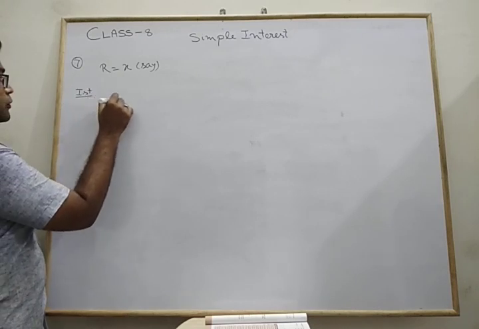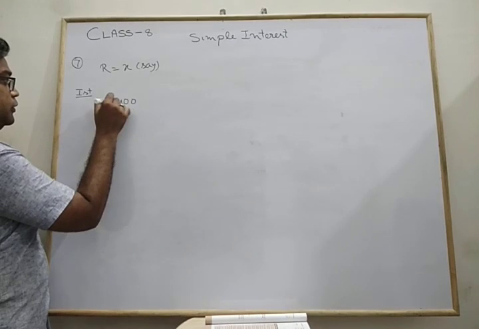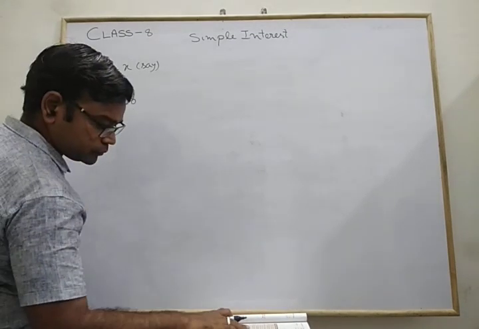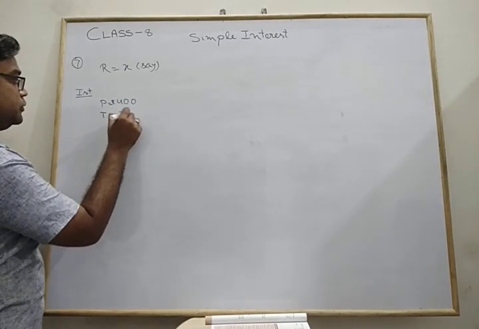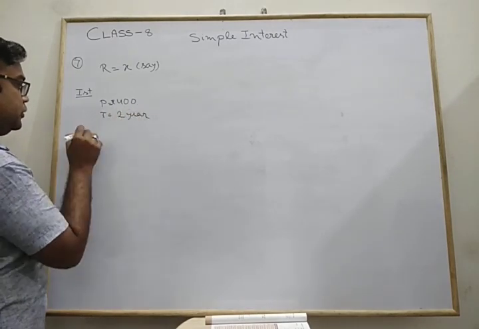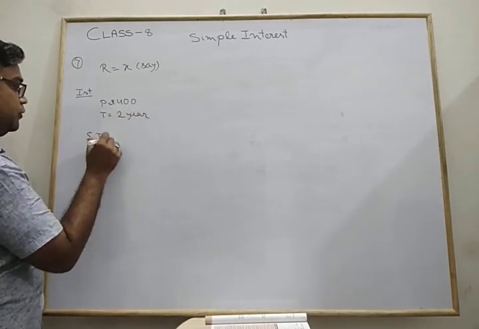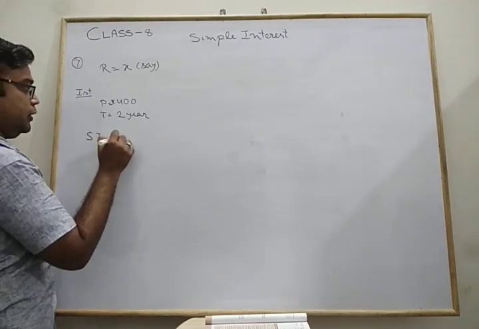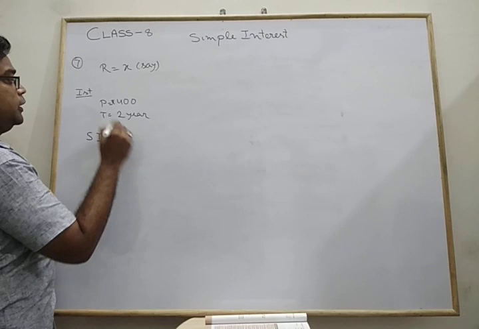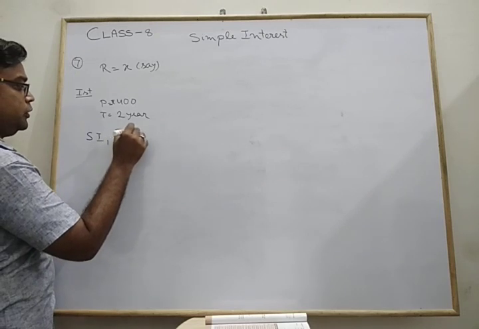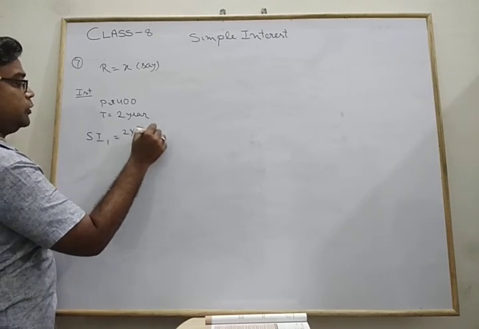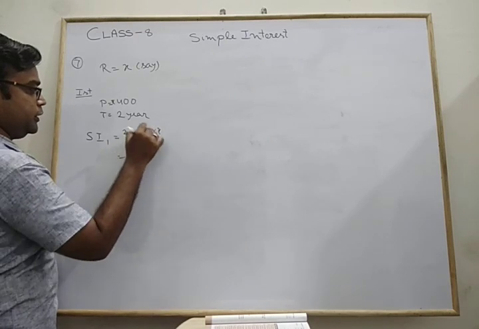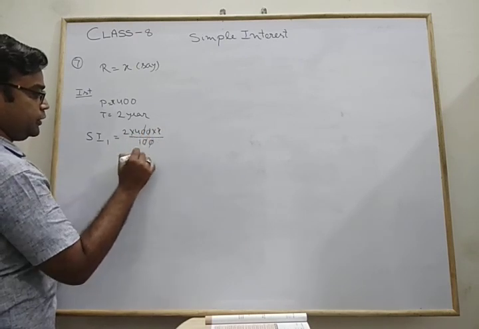Principal is rupees 400, time is 2 years. So SI1 equals PRT, that is 2 into 400 into x upon 100, it's 8x.